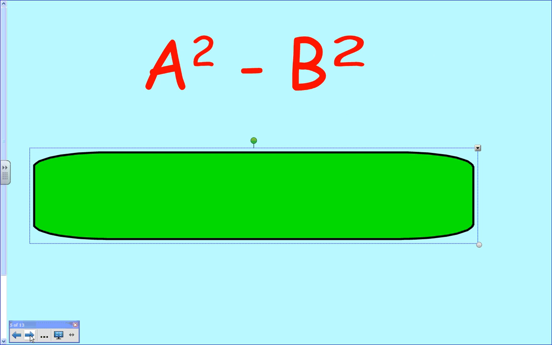In this generic form, a squared minus b squared, you see that you have 2 terms. The first term, a squared. The second term, b squared. They're separated by a minus, so we have a difference. And both of these terms are perfect squares. The factorization of a squared minus b squared will be a sum and a difference of the things that are being squared.